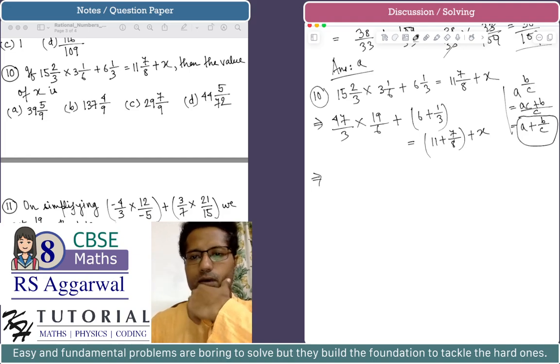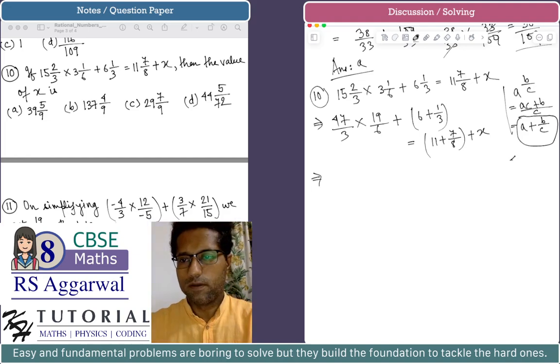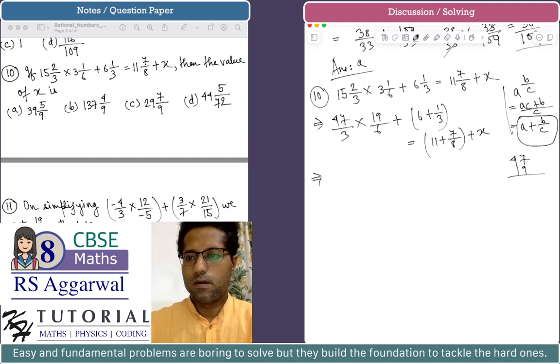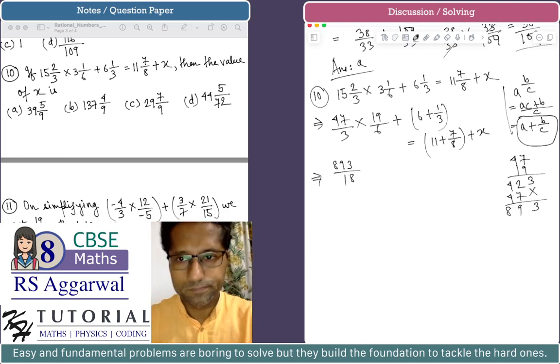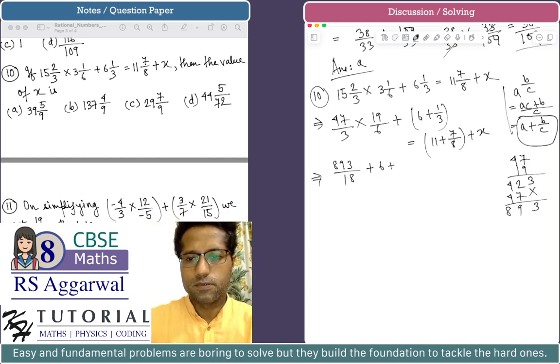I do not see any kind of cancellation happening, so we have to do the multiplication. 47 multiplied by 19, this is 893 divided by 18, plus 6 plus 1/3 is equal to 11 plus 7 by 8 plus x.